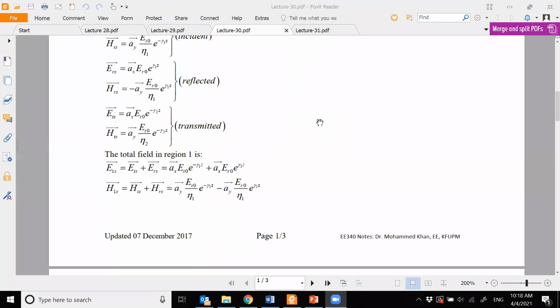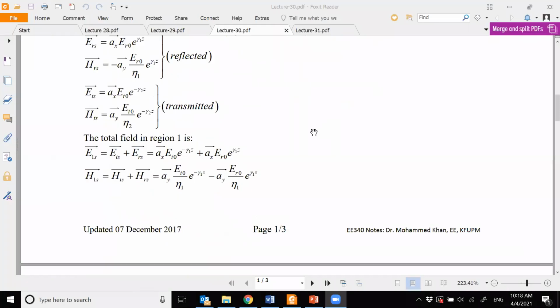So if you see here, the total electric field in medium 1 is nothing but the incident electric field plus the reflected electric field, which is this one. And the incident magnetic field plus reflected magnetic field, which is this one.